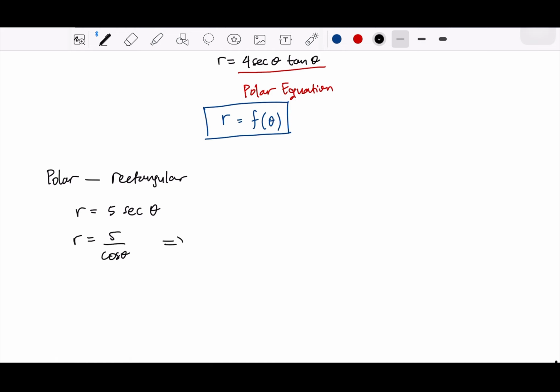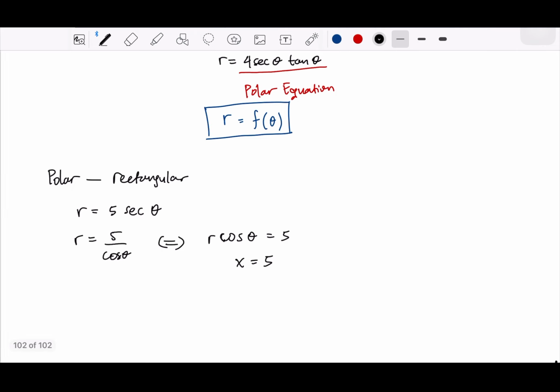We can simplify first and take r cos theta equal 5, and we know that r cosine theta is x. So we could say that x equals 5 is our equation in rectangular. So the vertical line is our equation. Okay, so that is for 5 secant theta.